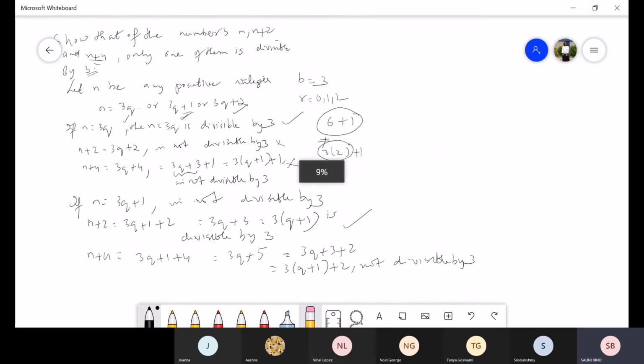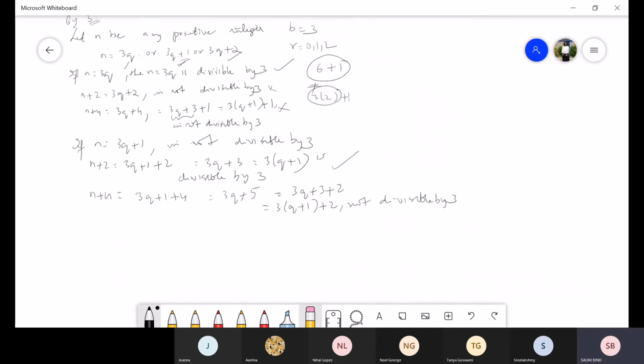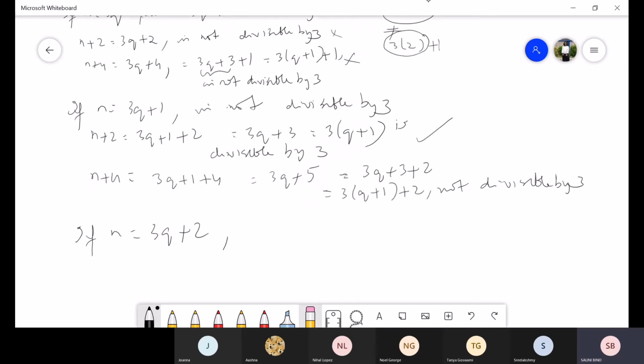In the same way, I am going to try n equal to 3q plus 2. If n equal to 3q plus 2, 3q plus 2 is not divisible by 3, right? Now what is the next term? n plus 2. n is 3q plus 2 and you add 2 to it, then it will become 3q plus 4.